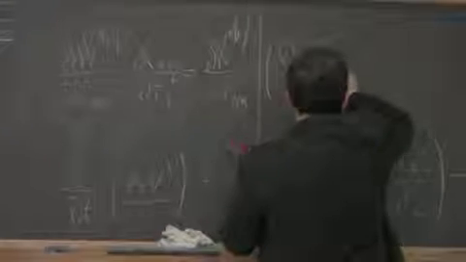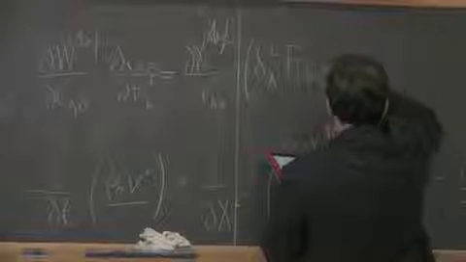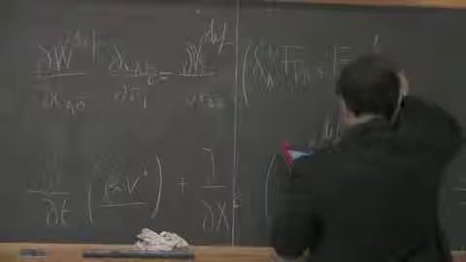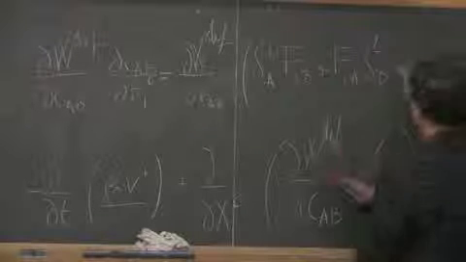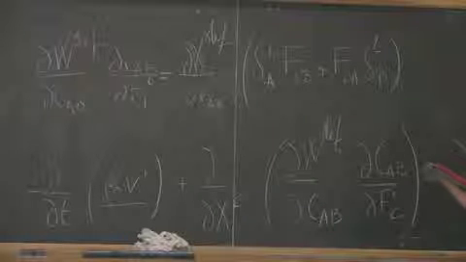So I have delta_LA F_iB plus F_iA delta_LB. Okay.